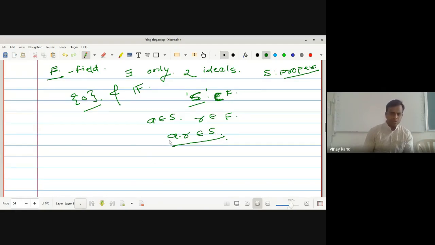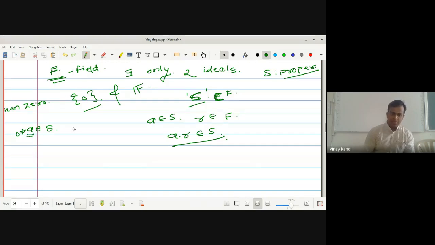Okay, now look at here. If there exists, if possible, suppose, now take a which belongs to S, any element a belongs to F. Okay, so what is F here? Field. Okay, so suppose this is non-zero, a belongs to S and F is the field. So any non-zero element has an inverse.